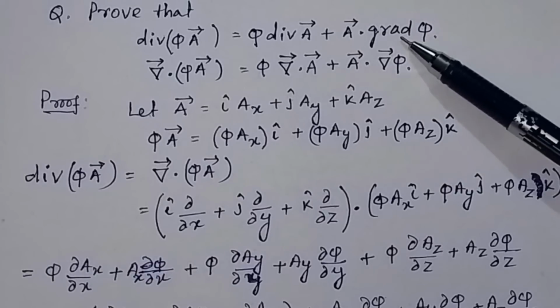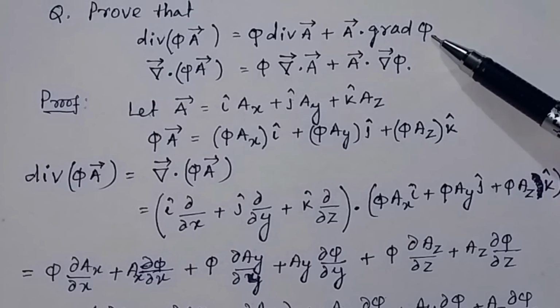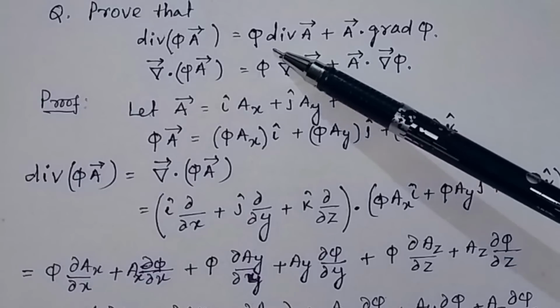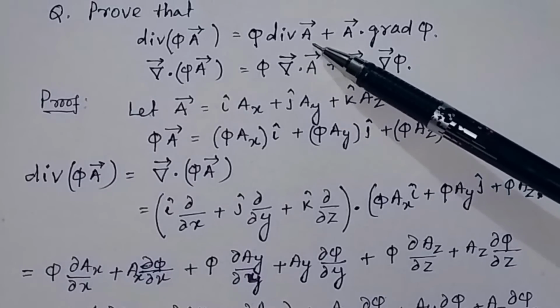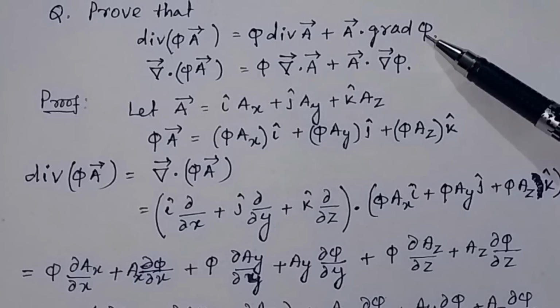Always remember, when you take the gradient, it is of a scalar function, and when you take it for a vector field, that is called the divergence. Divergence is always for a vector field and gradient is always for a scalar field.